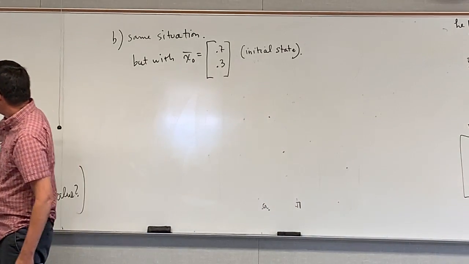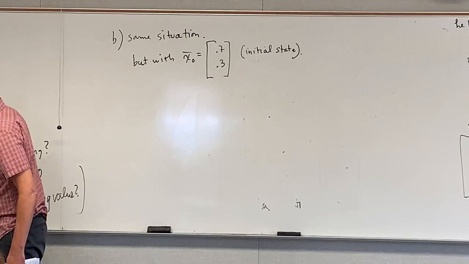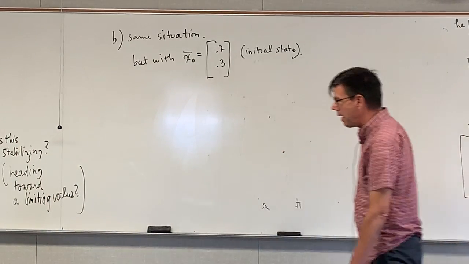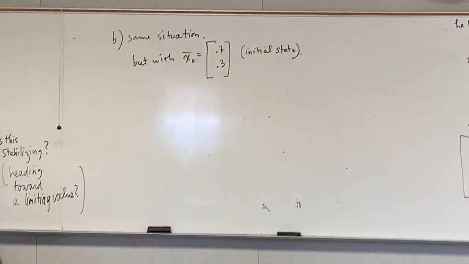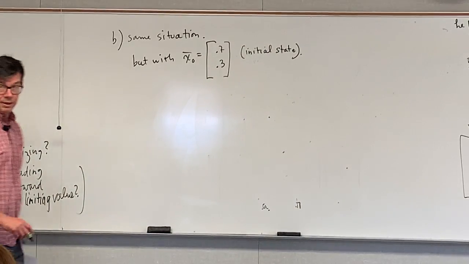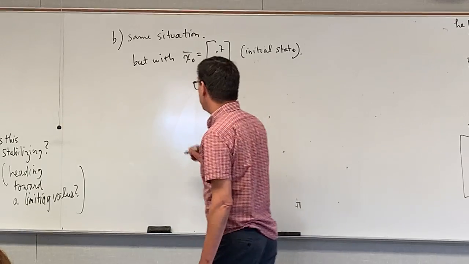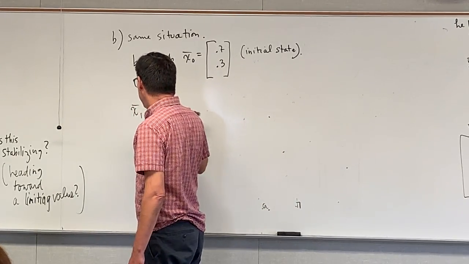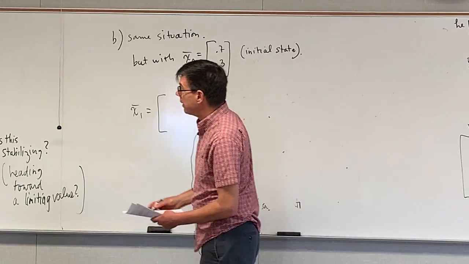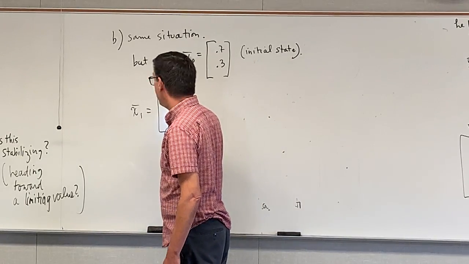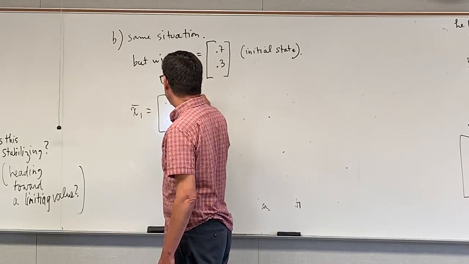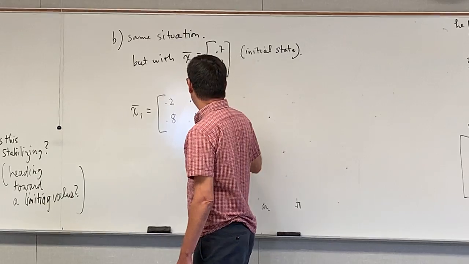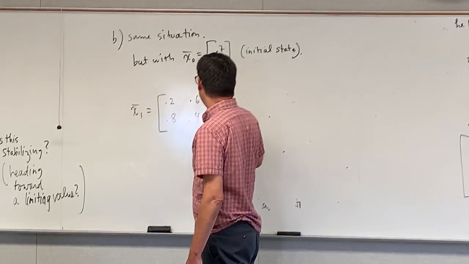It seems like these numbers stop wandering around very much once we work our way down the line a bit. But what happens if you start out with a different initial state? So x1 will be the same stochastic matrix, 0.2, 0.8, 0.6, 0.4 times 0.7, 0.3.